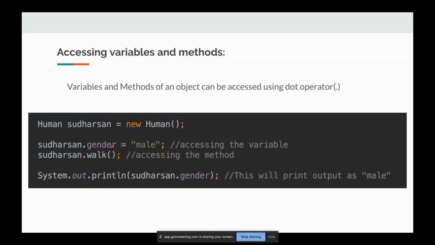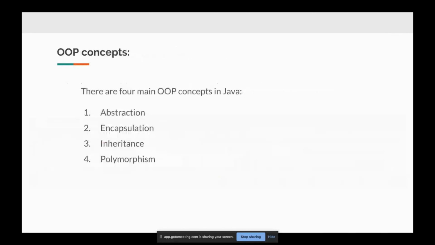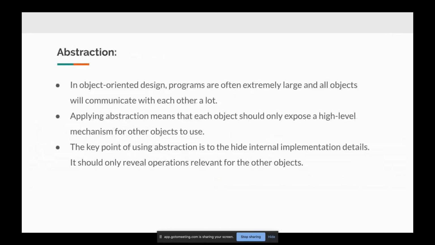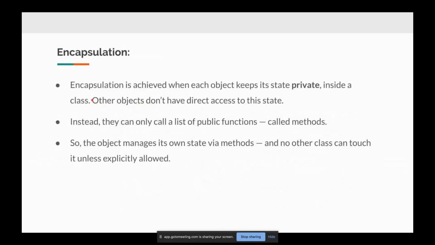So there should be some mechanism where you can maintain your state privately, and give others some other ability to access it or modify it. That is what is called encapsulation. So instead they can only call a list of public functions called methods. Instead of directly going and updating a variable called gender as male, you will be exposing a few functions.